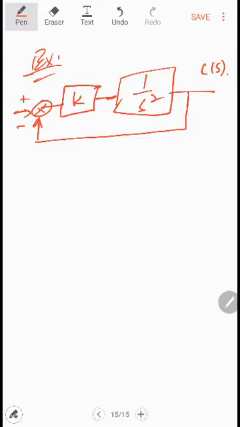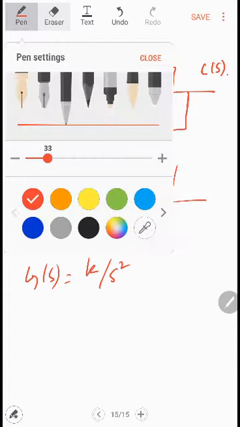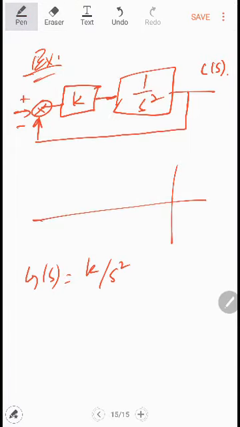If we find the root locus of this one, the transfer function is equal to k divided by s squared. So this means that we have two poles at s equal to 0. Let me add the two poles. These are the two poles at s equal to 0, 1, and this is 2.